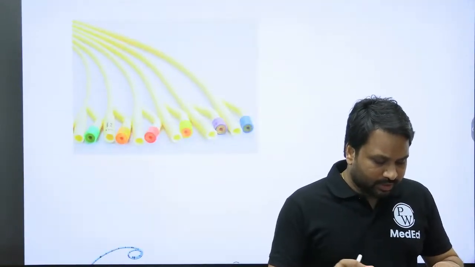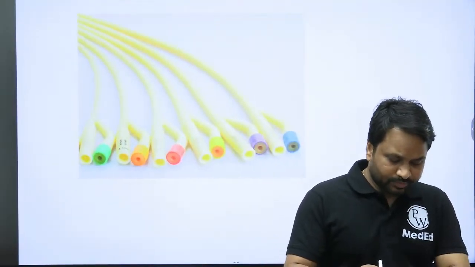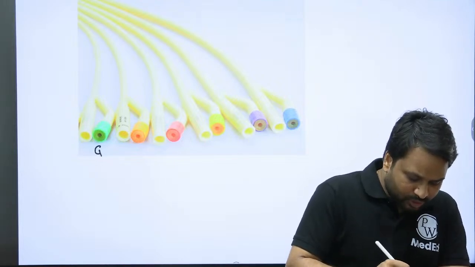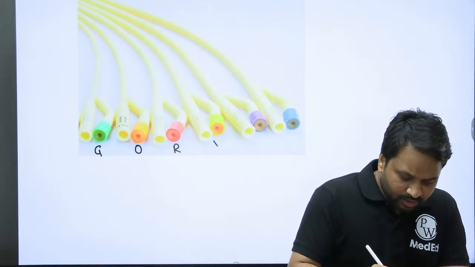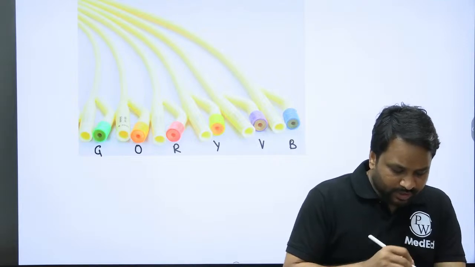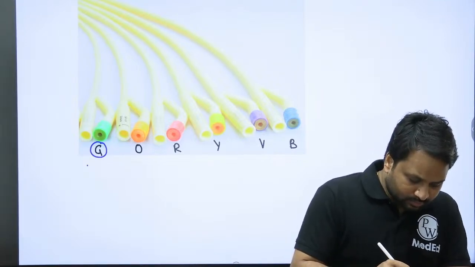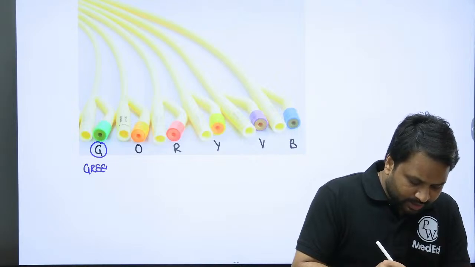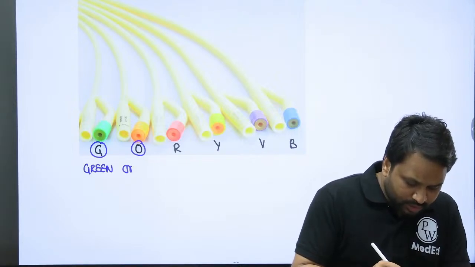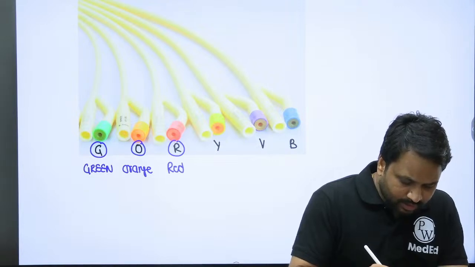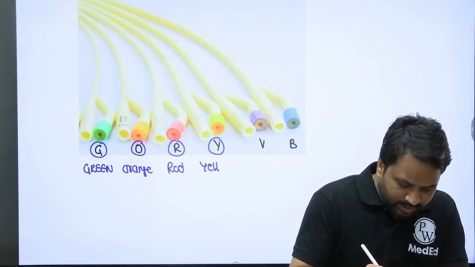Now, when you look at the color code and the size, the mnemonic that you remember is GOROY is very beautiful. G stands for green color. O stands for orange. R is your red. Y happens to be yellow.